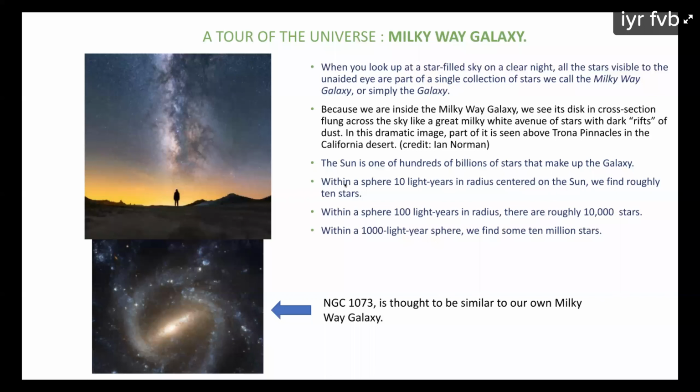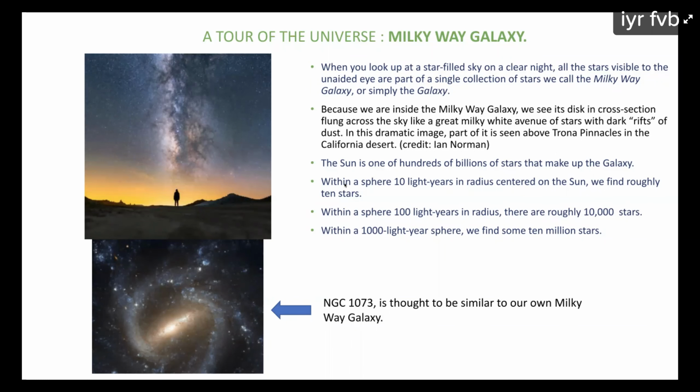So the number of stars will be very low, right? But if you go into a sphere with a 100 light year radius, you will have roughly around 10,000 stars, right? So that's how the number of stars grows. If you go for around a 1,000 light year sphere, you will find around 10 million stars, which belong to our own Milky Way. Even if you go up to a 10,000 light year sphere, you are still inside the Milky Way, right?